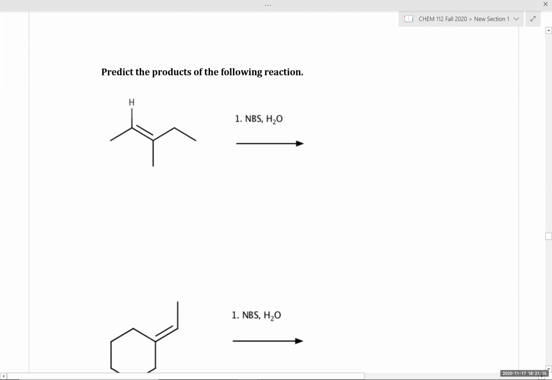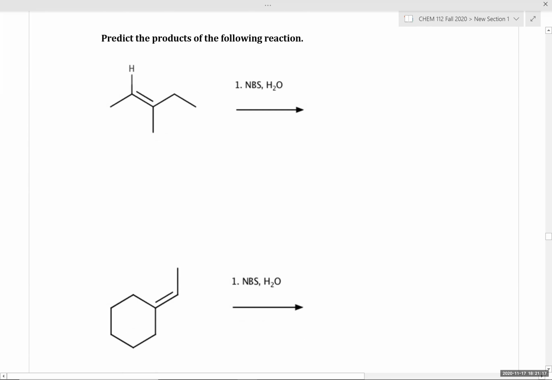Okay, so we're going to deal with a list of examples. Does anyone notice a particular trend in the examples I'm presenting? Let's discuss this a little bit because it's important to consider. So my first question to all of you, looking at this first alkene, does that look like an E or Z alkene?